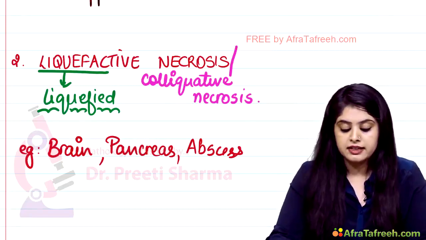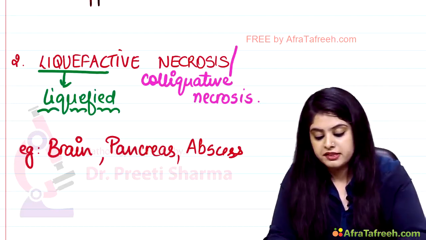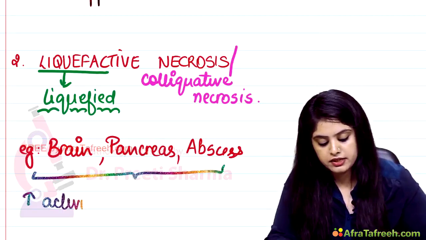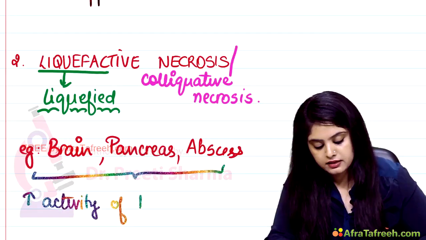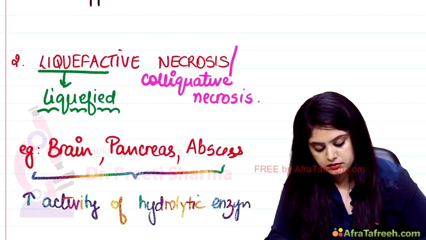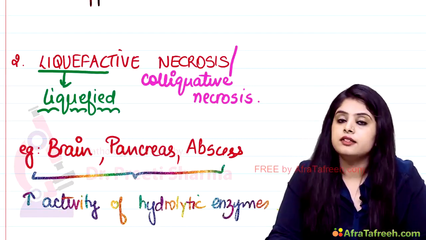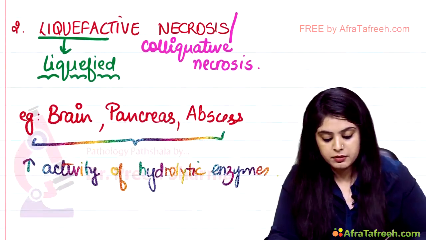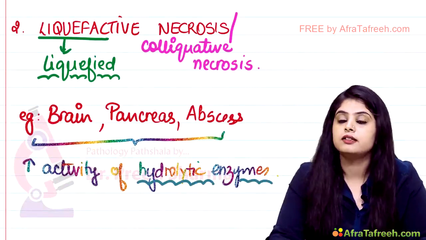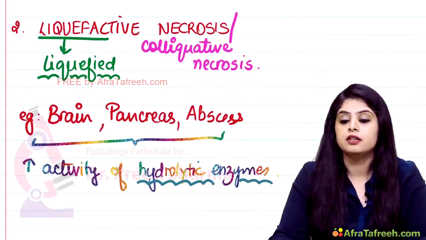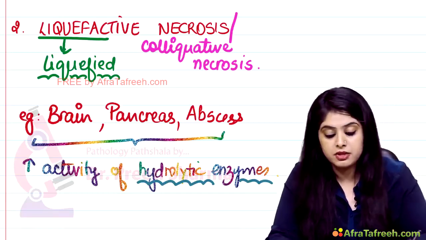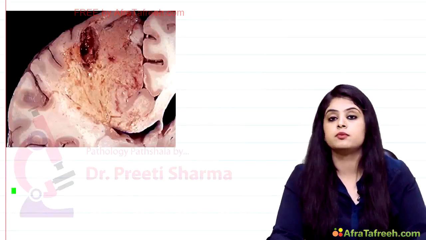So brain, pancreas, abscess, these are those areas where there is going to be increased activity of hydrolytic enzymes, and it is because of these hydrolytic enzymes that the liquefaction will occur, right? The material will become liquefied. And that is the image also that you need to know. Again, the trend of image-based questions.